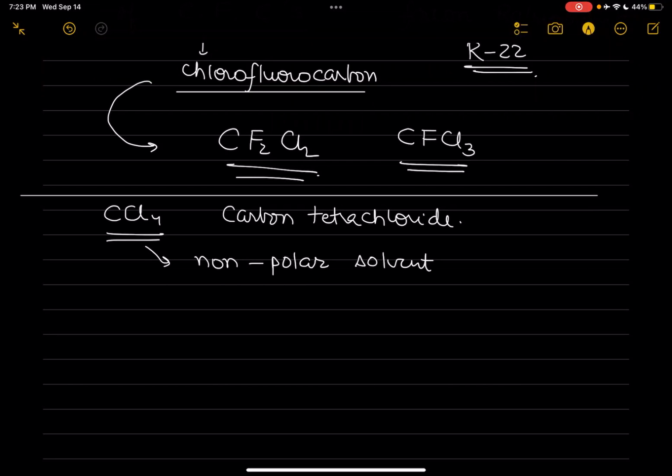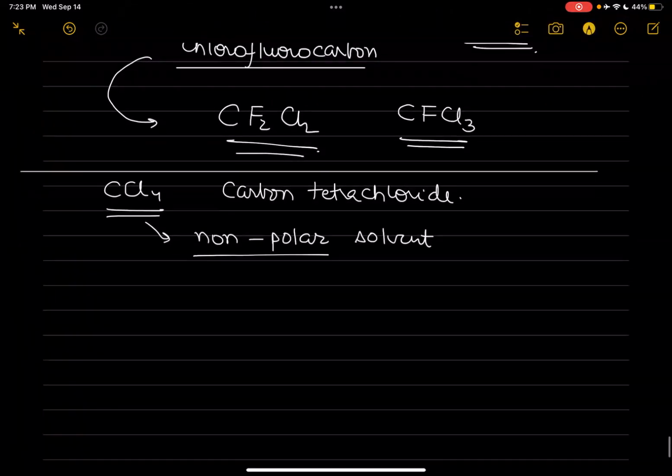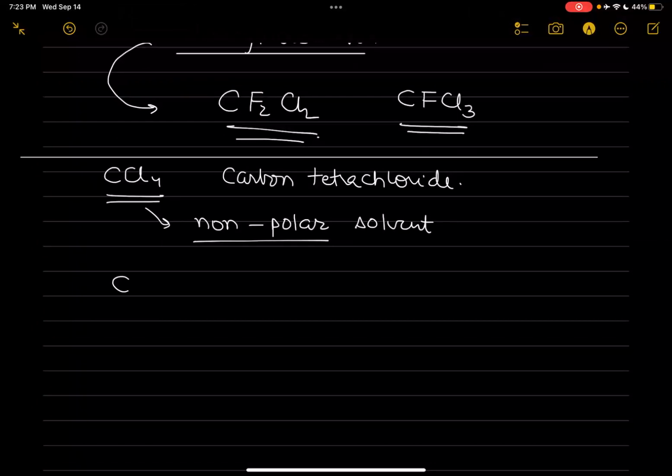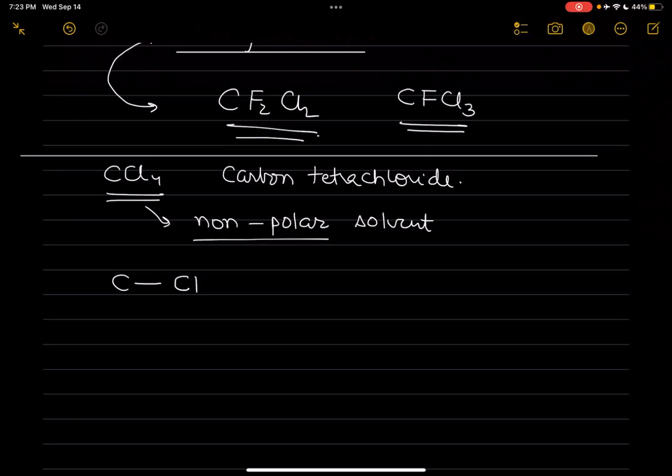So what do you mean by non-polar solvent? In the carbon and chlorine bond, chlorine is more non-metallic. It is on the right hand side. So the bonded electrons don't remain in the middle. They get shifted toward chlorine because chlorine has more tendency to pull the electrons. So chlorine acquires a negative charge and carbon acquires a positive charge.